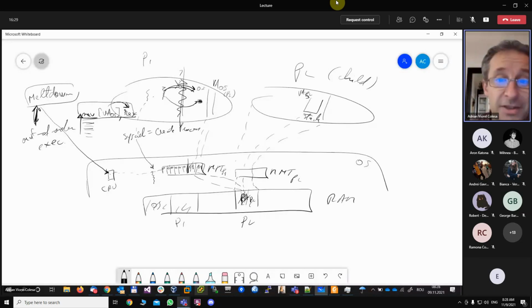So in current operating systems, but not including HAL, so Linux, Windows, that picture is not exactly like that anymore. For instance, when the process is running inside its own memory, the OS is not mapped anymore here, or not entirely.